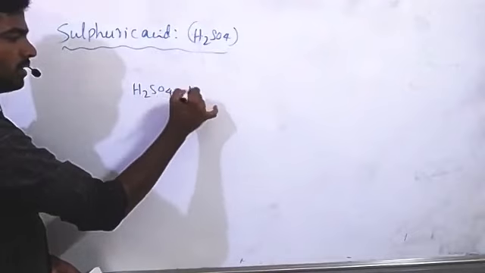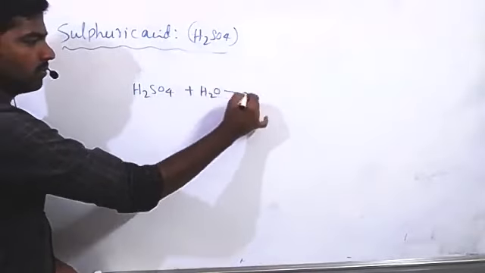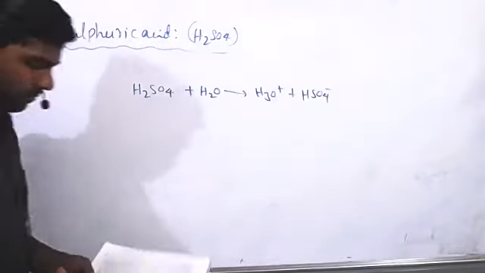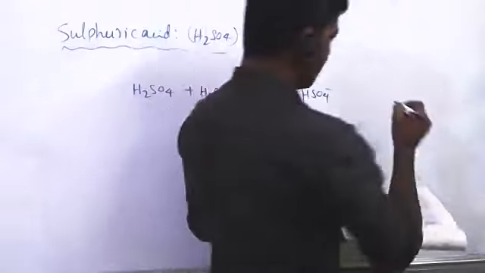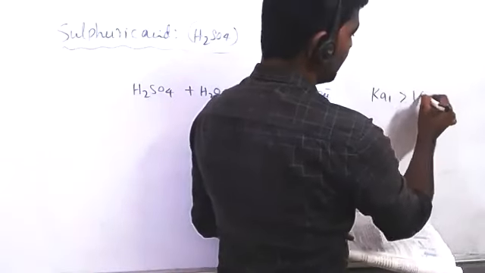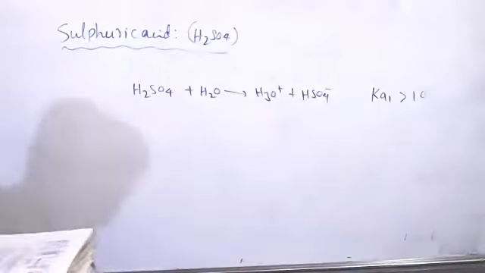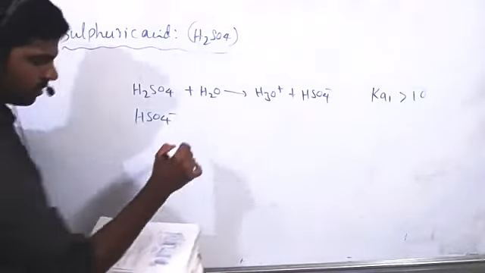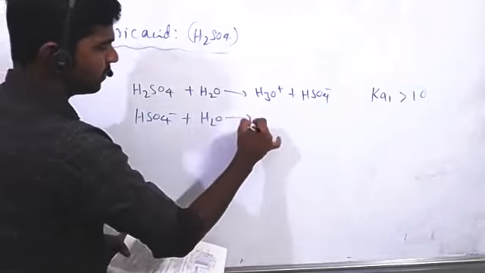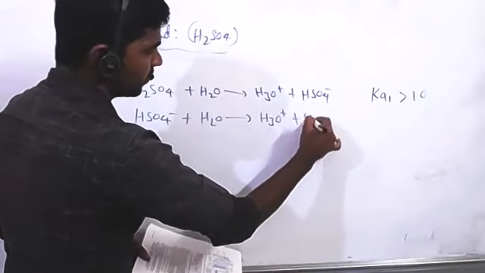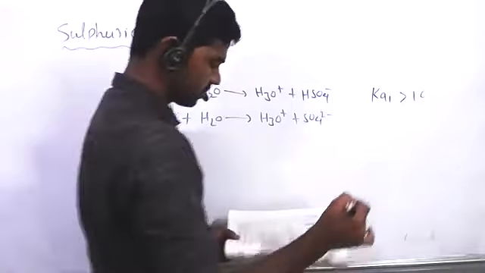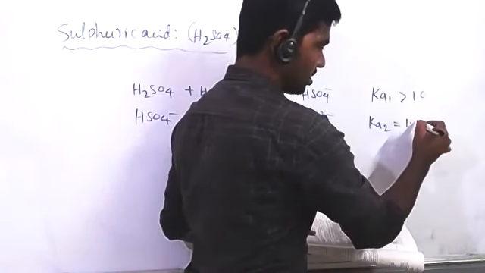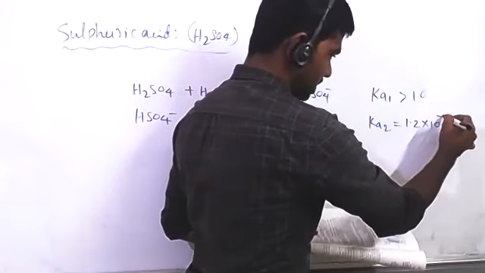H2SO4 plus H2O gives H3O plus and HSO4 minus. And here the Ka value is given as greater than 10. The next step, HSO4 minus gives H3O plus and SO4 2 minus. So the Ka value is Ka2, the acid dissociation constant, 1.2 into 10 power minus 2.